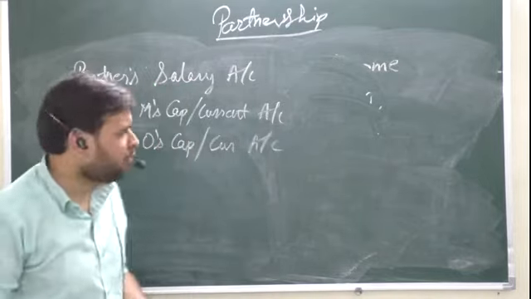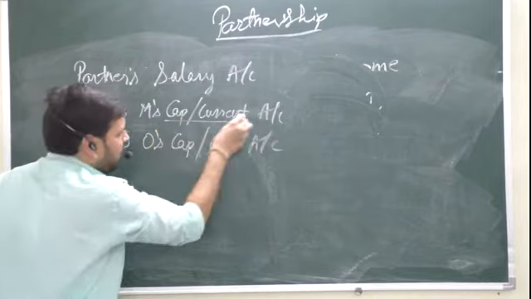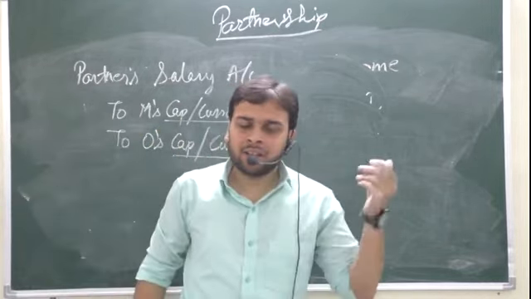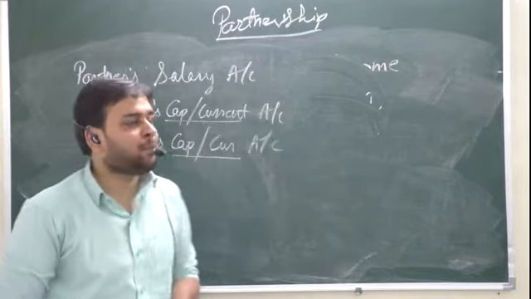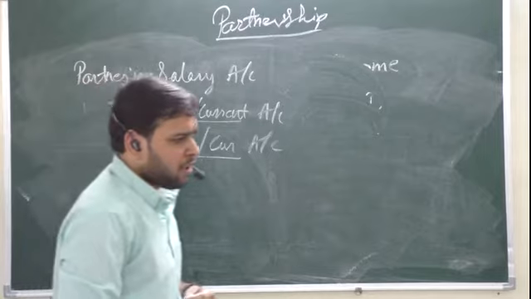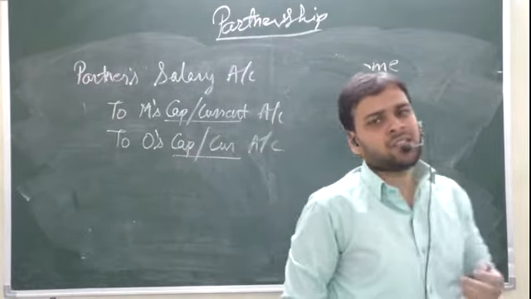We will discuss what is the concept of capital account and current account, but normally the entry for recording the expense will be debited. Now the question comes, why we are not crediting the cash account?